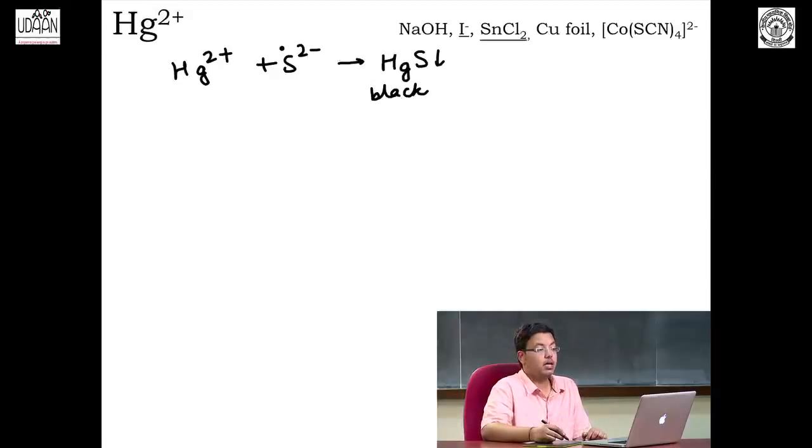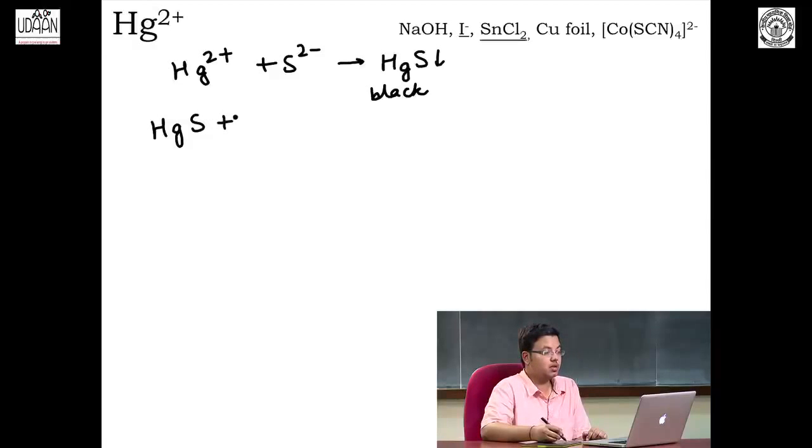So, therefore, even though the other members of group 2 dissolve in hot concentrated nitric acid, this particular precipitate does not. To dissolve HgS into solution for further analysis, we have to dissolve HgS in aqua regia, which is a mixture of conc HCl and conc HNO3 in the ratio 3:1.